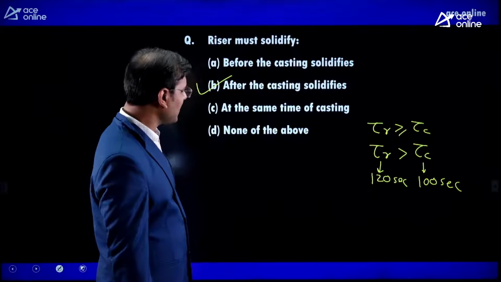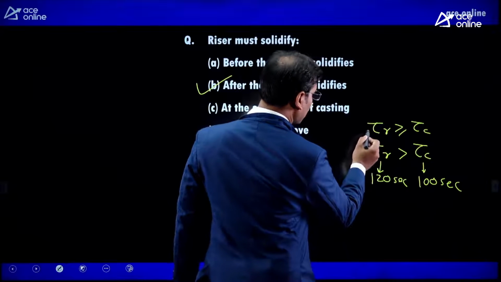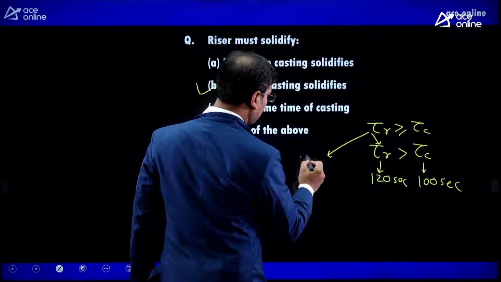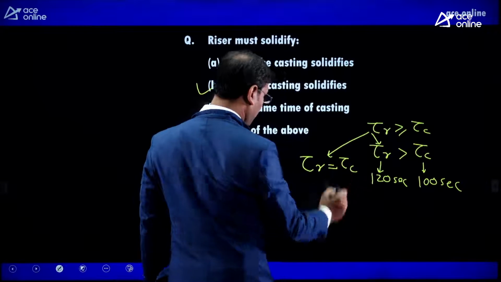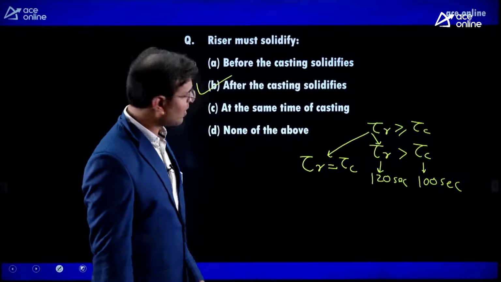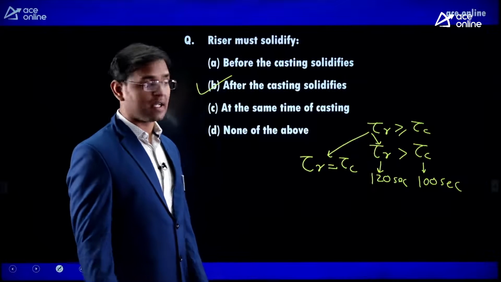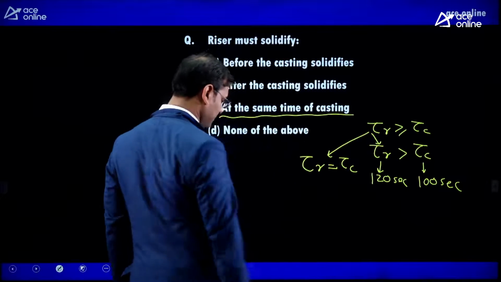But guys, the second option is also there. If this option is not available, then here you can see that there are 2 points. One is tau r is greater than tau c, and second, equal to, also you can see that tau r is equal to tau c. Then solidification time of molten metal in the riser is equal to solidification time of molten metal in the casting, and that option is also available.